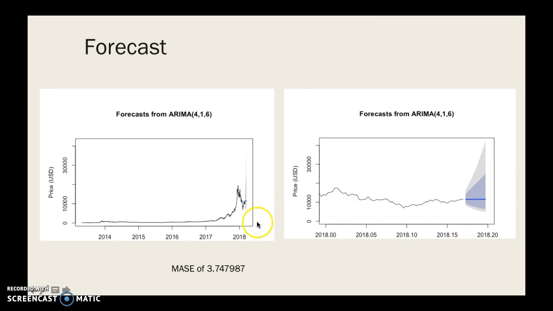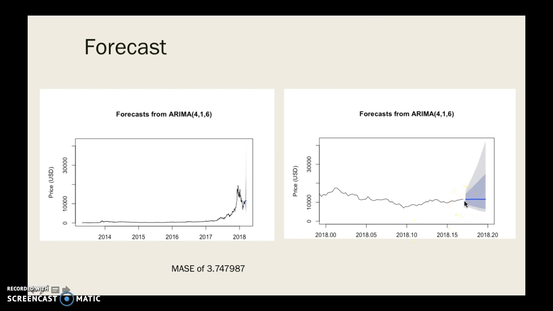I've got the forecast here with the 416 ARIMA model, and I've got a plot of the whole time series, and then just from 2018, so we can see the forecast a little better. Obviously, as we'd expect with a time series as volatile as this, the confidence intervals are very large.